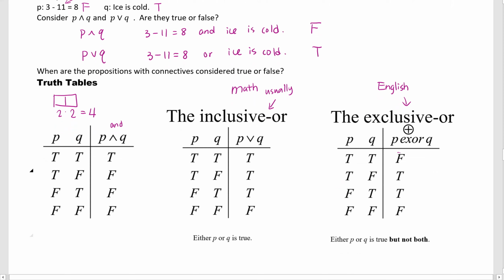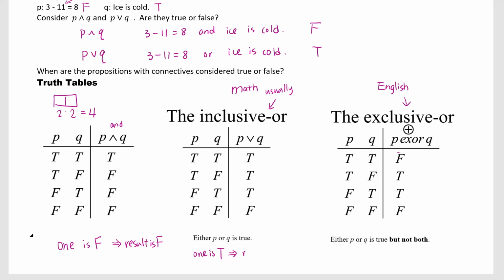So let me put more notes here, okay? For and, if one of them is false, then the result is false. Okay? For inclusive or, if one of them is true, then the result is true.